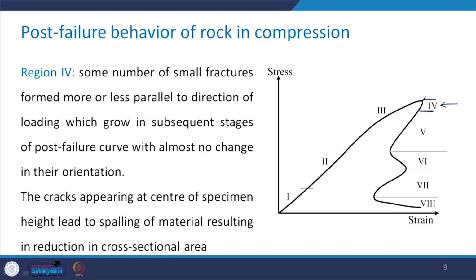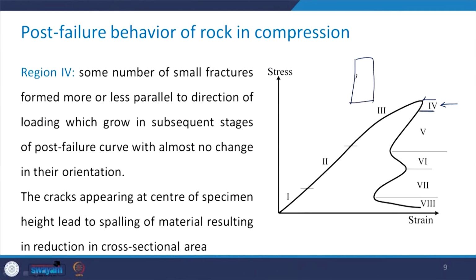They grow in subsequent stages of the post failure curve with almost no change in their orientation. So, let us say this is your specimen and the cracks have already been oriented like this. Of course, you will have here the 2 conical zones, and almost all these cracks are oriented approximately in the direction of the applied loading.